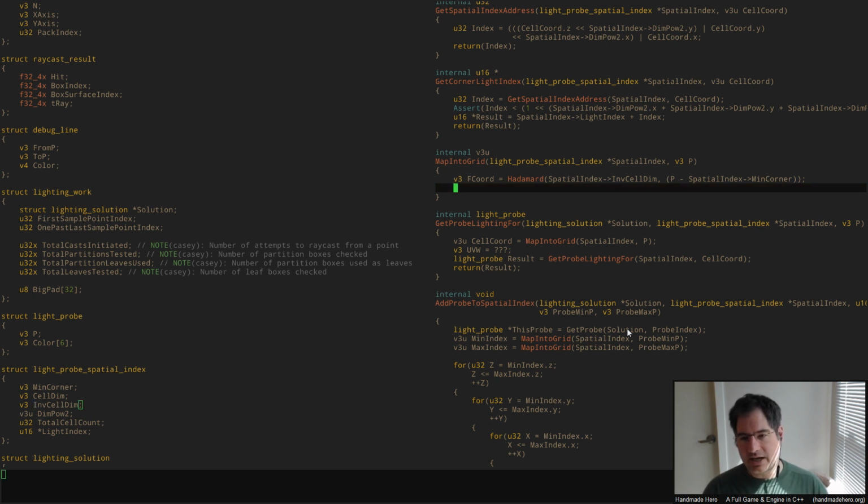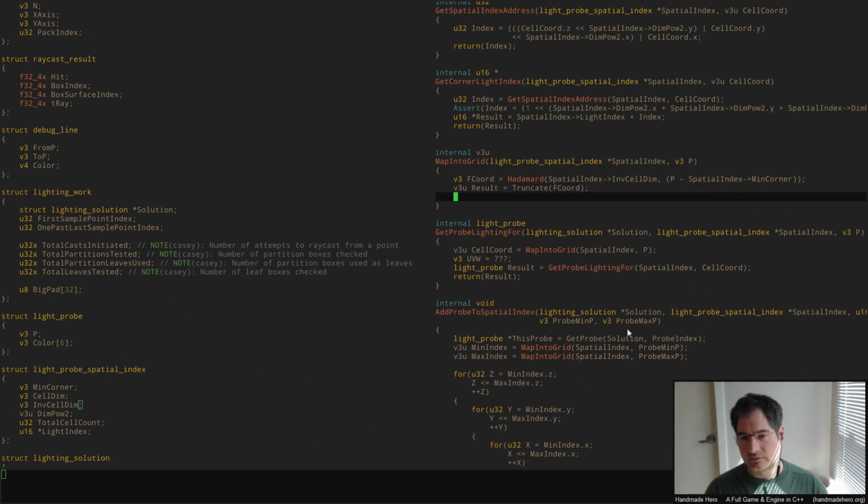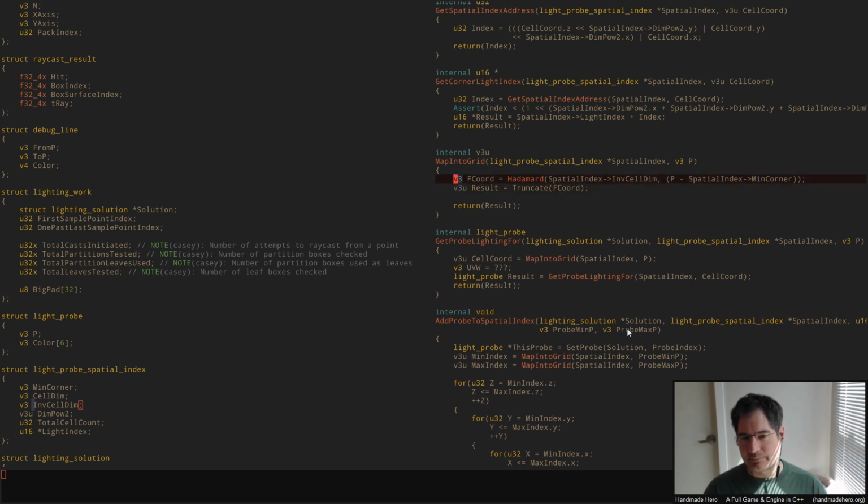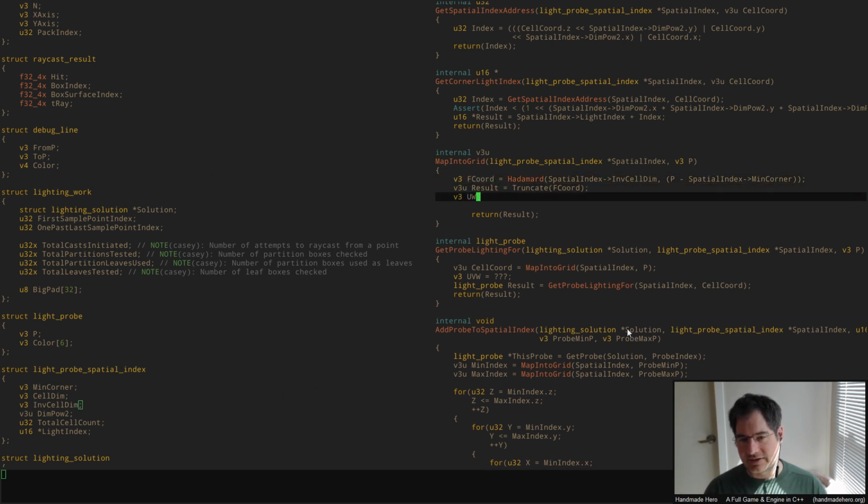So if I want to now get my V3U out of it, I want to do a truncate on this F chord here, and that will produce my result. But once I have that truncation, with this F chord I can pretty easily produce the UVW, right?